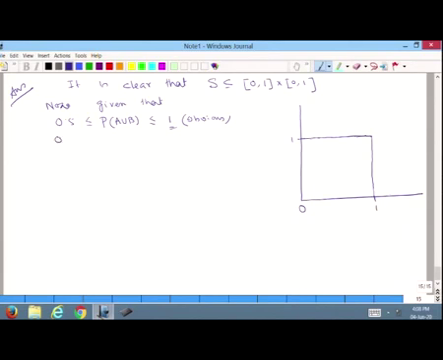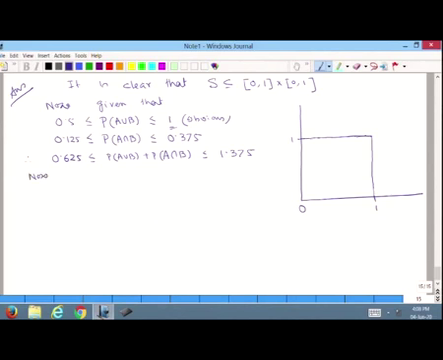Also, it is given that 0.125 is less than or equal to probability of A intersection B, less than or equal to 0.375. Therefore, 0.625 is less than or equal to probability of A union B plus probability of A intersection B, less than or equal to 1.375.